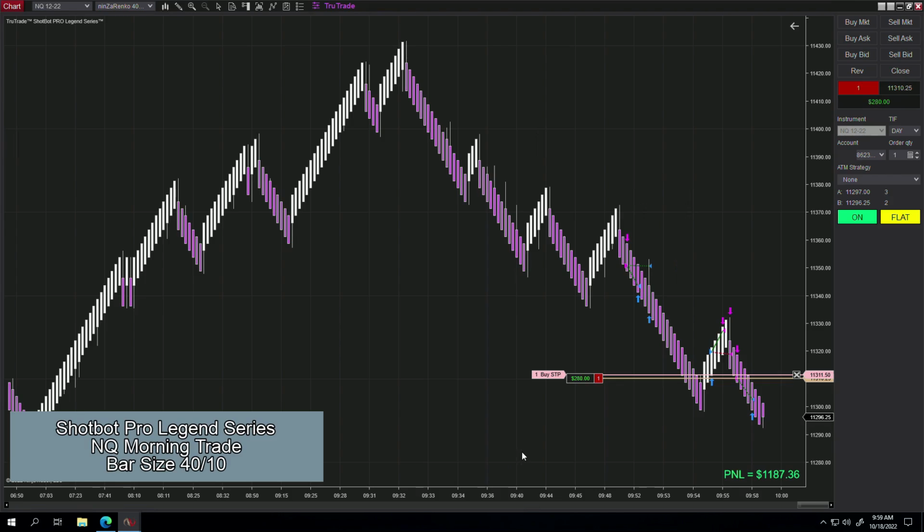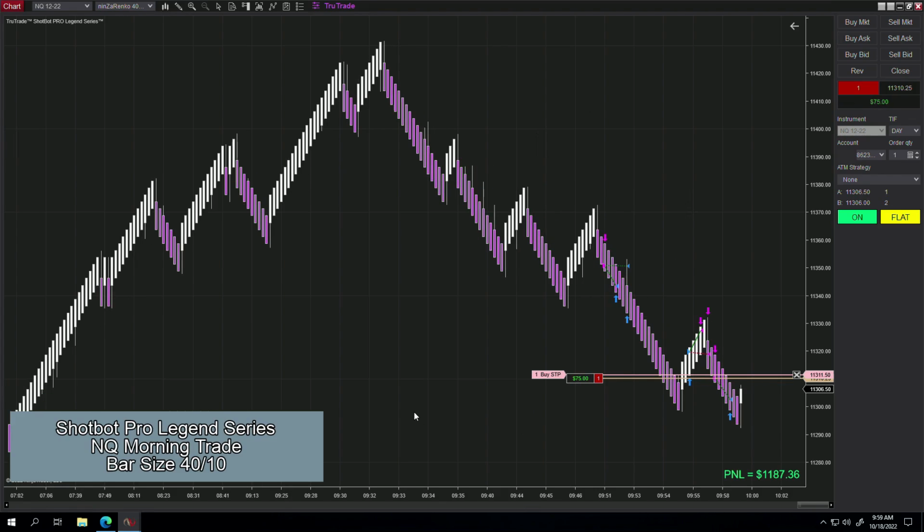It did make another low, so another lower low slightly here.